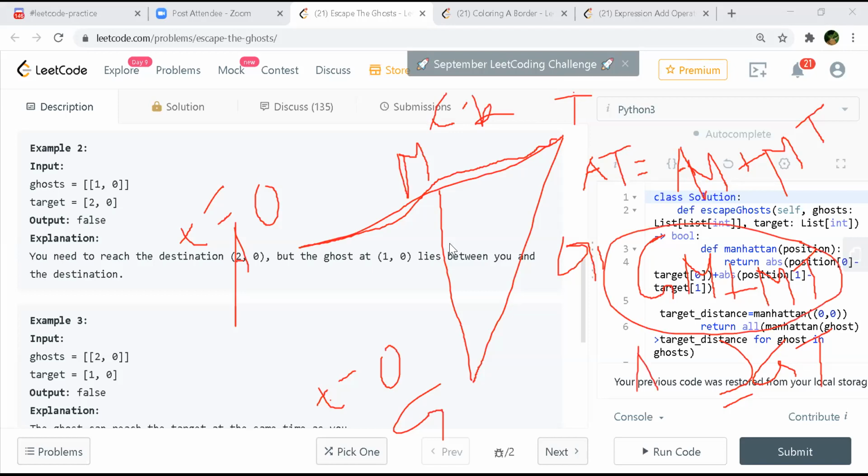Now, this inequality tells us that my host would prefer this path over any other path because the host would try to reach the target as early as possible. How did I get greater than or equal to?